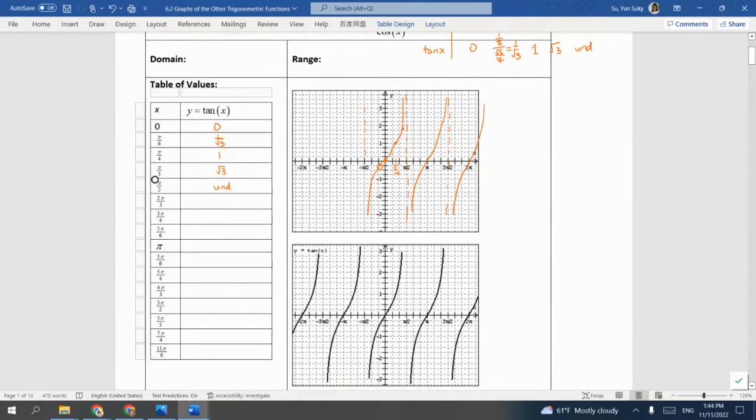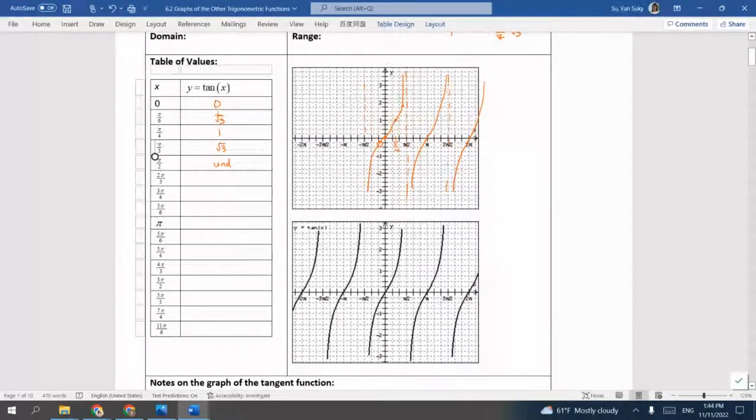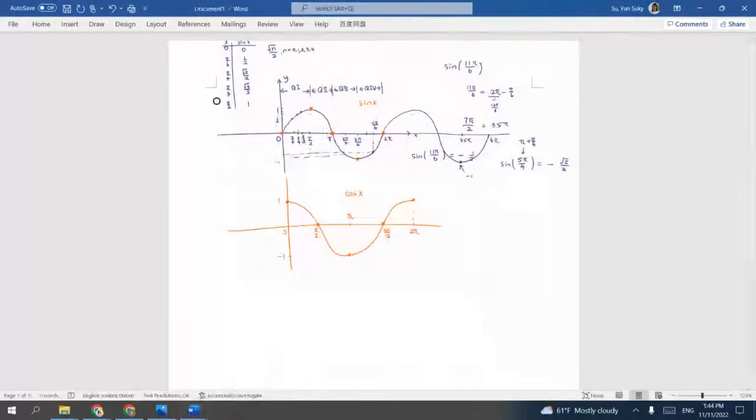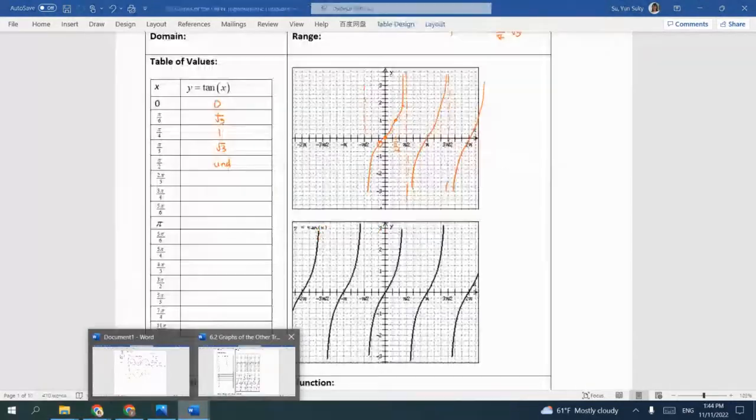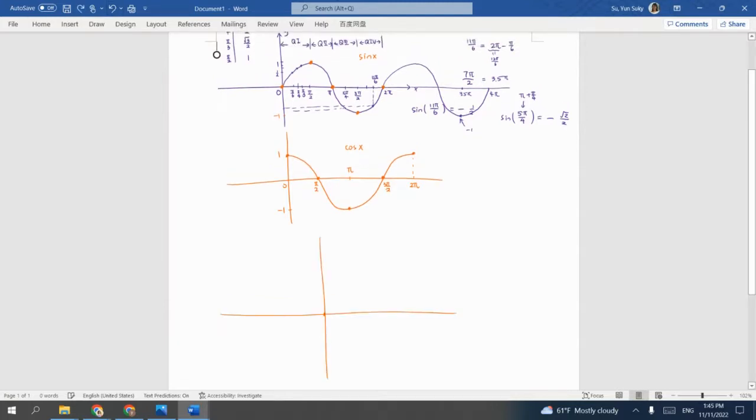So this is a graph of tangent. But what do we care about? For sine, you only care about those 5 points. But for tangent, what do you care about? You care about 0, 0.